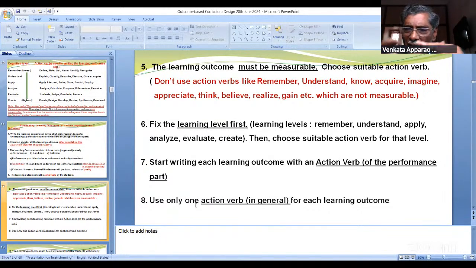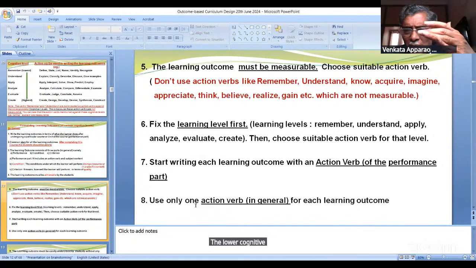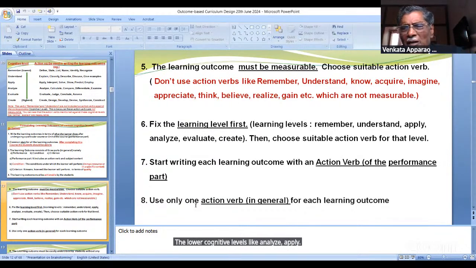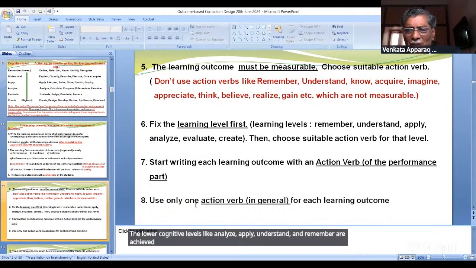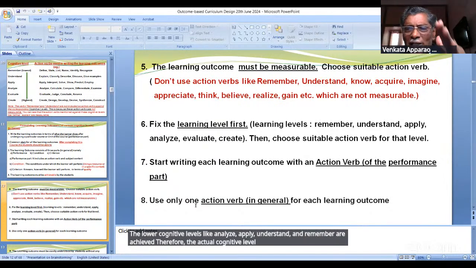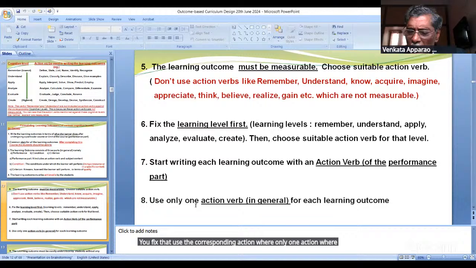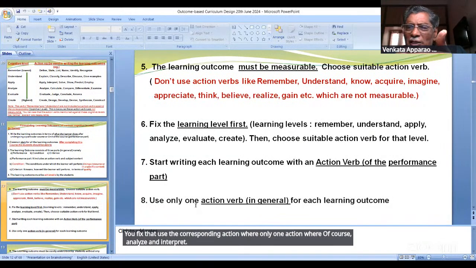If you write at evaluate level, the lower cognitive levels like analyze, apply, understand, and remember are achieved. Therefore, the actual cognitive level which you are aiming, you fix that, use the corresponding action verb, only one action verb. Of course, analyze and interpret, both are at the same cognitive level, no issue.